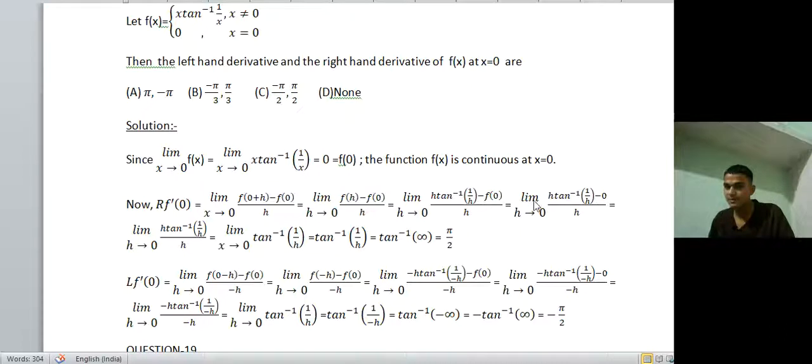This is h tan inverse 1 by h, divided by h, so h will be cancelled. So limit h approaches 0 of tan inverse 1 by h.